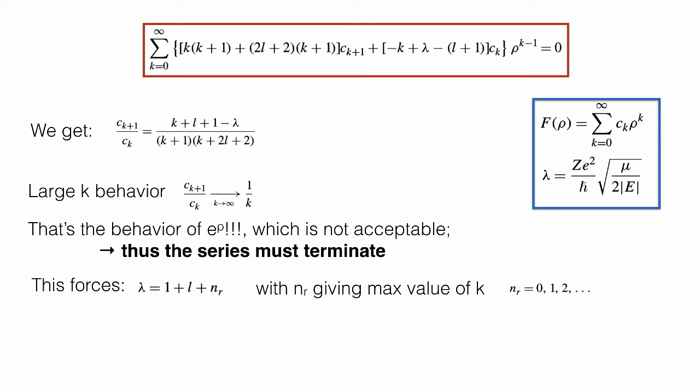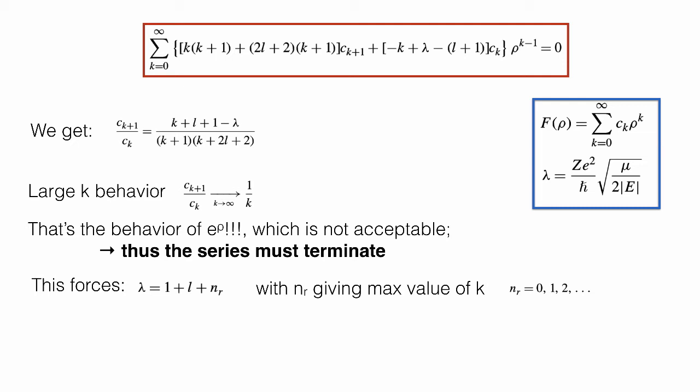We know that. This is l times l plus 1 times h bar squared, an eigenvalue of L squared. So in other words, what we've just done here is to impose lambda to be an integer. So lambda can only take on values 1, 2, 3, 4, 5, whatever.